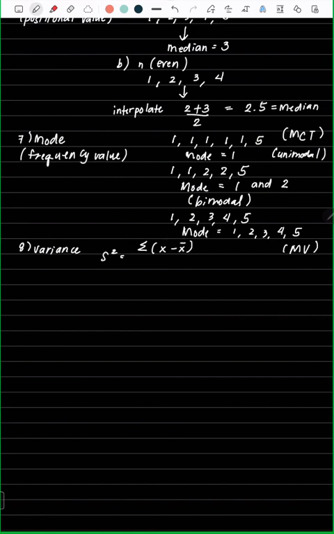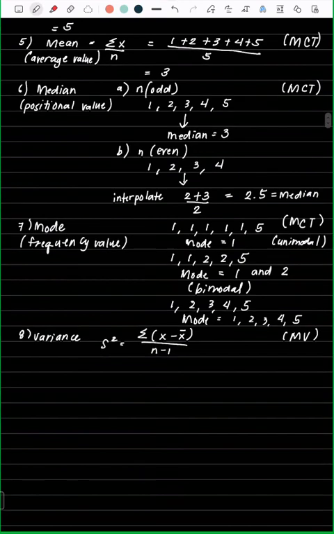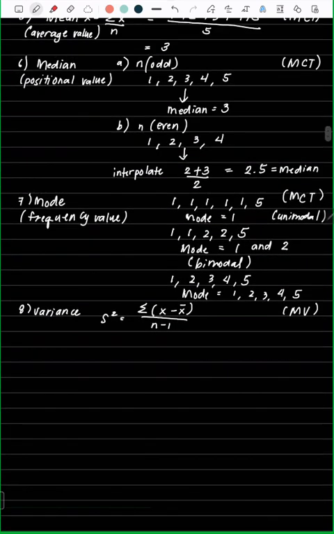It is the summation of x minus x bar over n minus 1. Now your x bar here is our mean. So here in our mean, this can also be the x bar. All right.